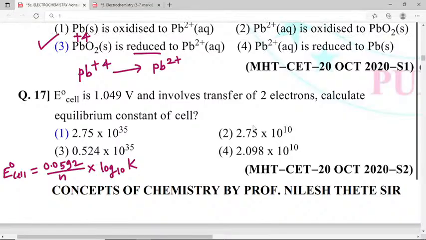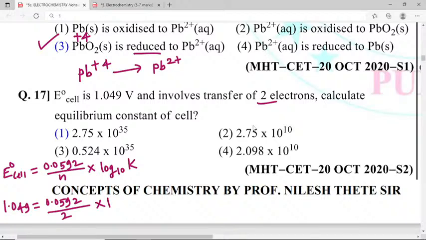And what is the E naught cell value? E naught cell is equal to 1.049, is equal to 0.0592, this whole divided by how much? 2, the number of electrons transferred.